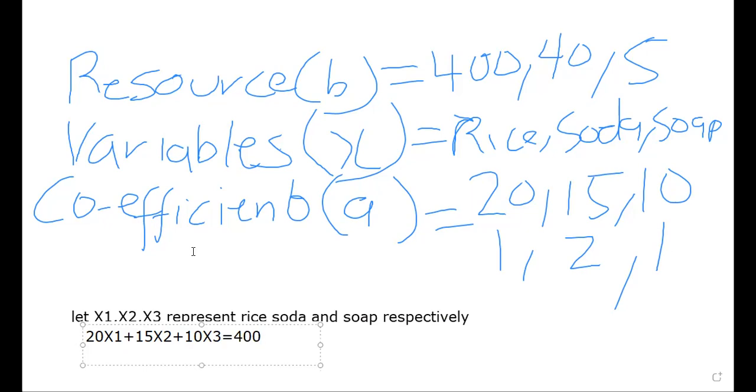And then now let's come to the transportation. We have 1x1, so basically it's x1, plus 2x2, plus x3.